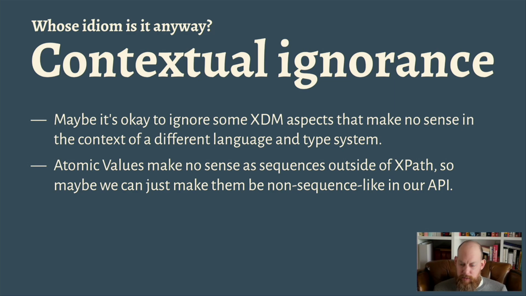Because maybe it's okay to ignore some of the XDM aspects that make no sense in the context in which we're operating, the context of manipulating a value in Python or in C++. Why should atomic values be sequence-like in Python? It doesn't make much sense. Maybe we can just allow them to not be sequence-like in our APIs.